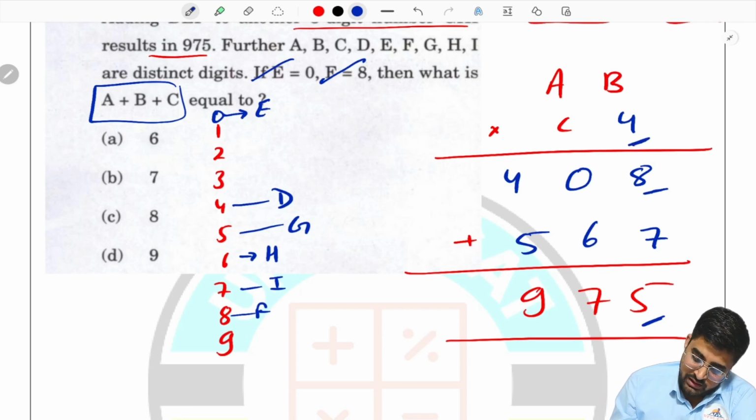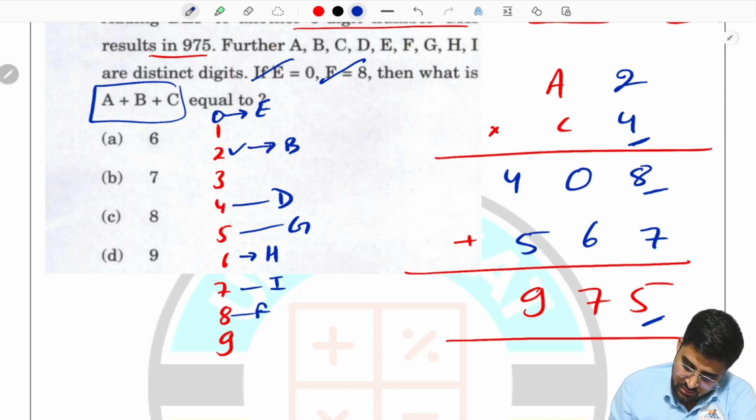We have 4 here. We are left with these terms. The only thing we can put here is 2 at the place of B, then only we will achieve the 8. The value of B is 2.